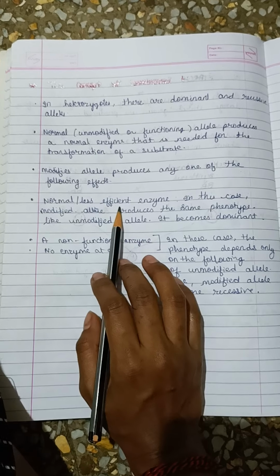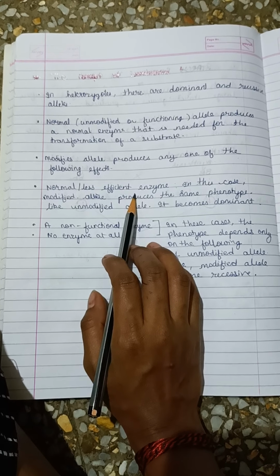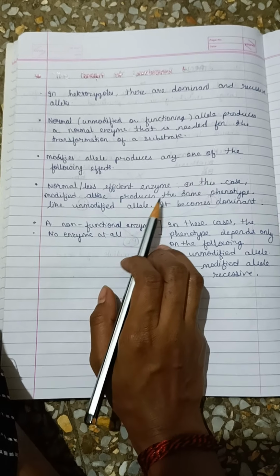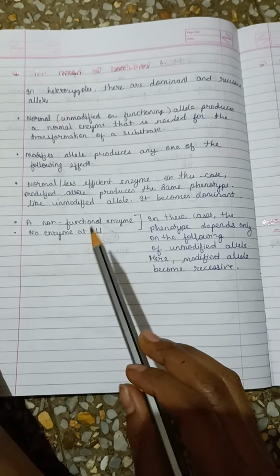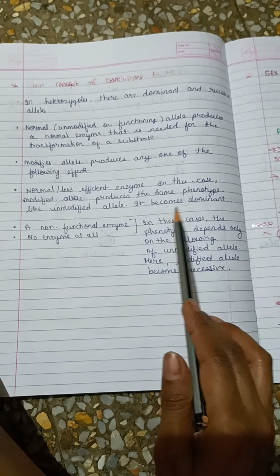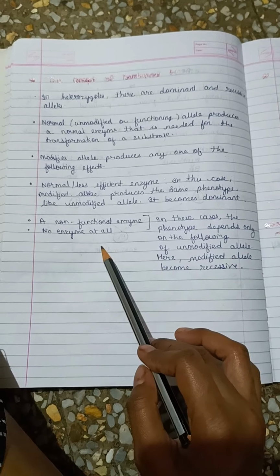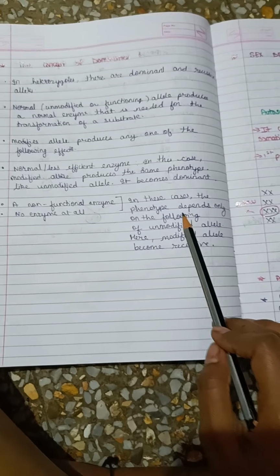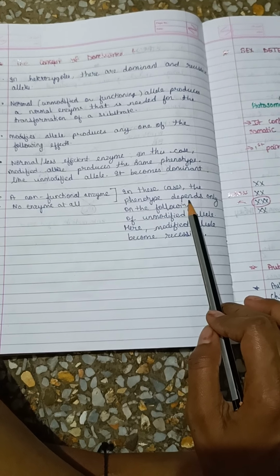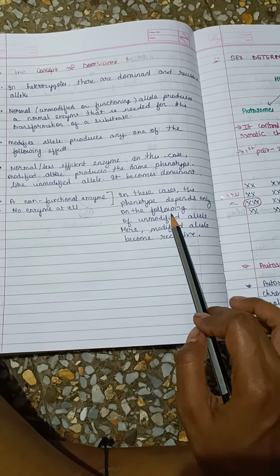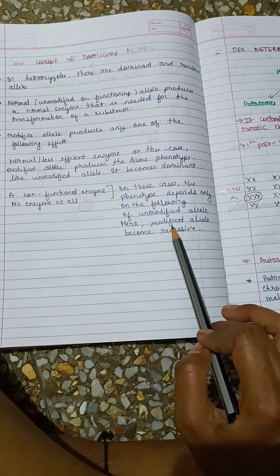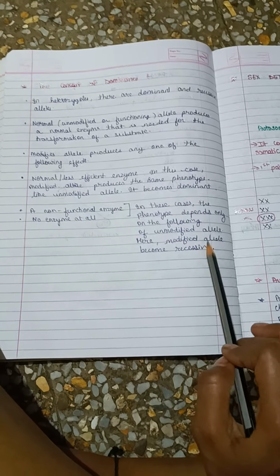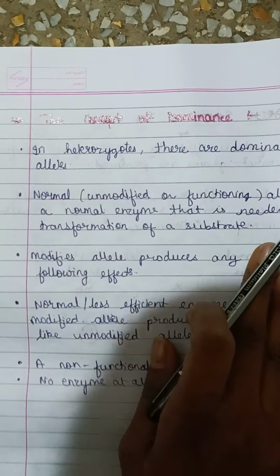Normal or less efficient enzyme: in this case, the modified allele produces the same phenotype as the unmodified allele, so it becomes dominant. A non-functional enzyme or no enzyme at all: in these cases the phenotype depends only on the functioning of the unmodified allele. Here the modified allele becomes recessive. These all were the concept of dominance.